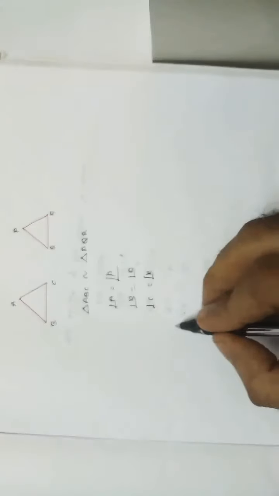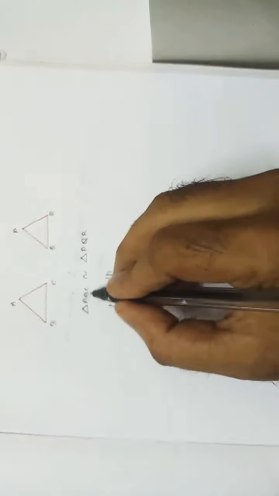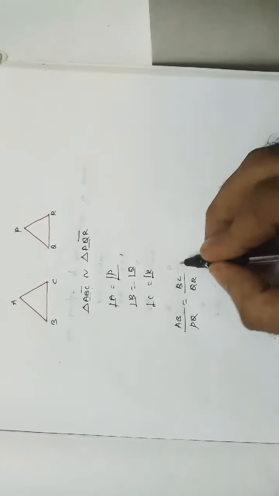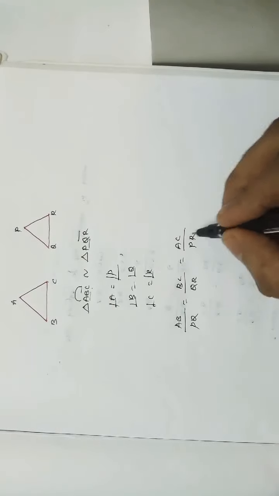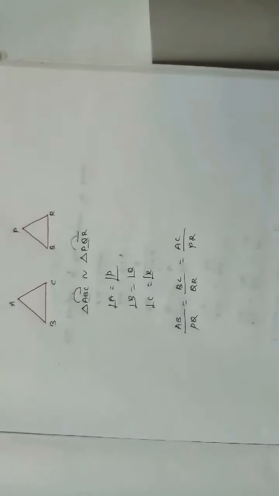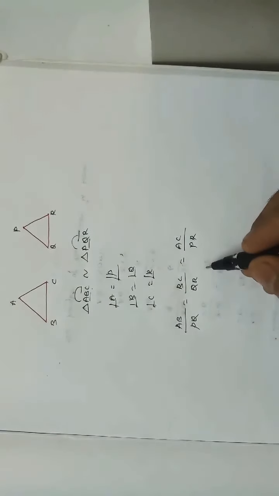That is, AB divided by PQ is equal to BC divided by QR is equal to AC divided by PR. This is only possible when the two triangles are similar. Then the three angles are equal and the sides are proportional.